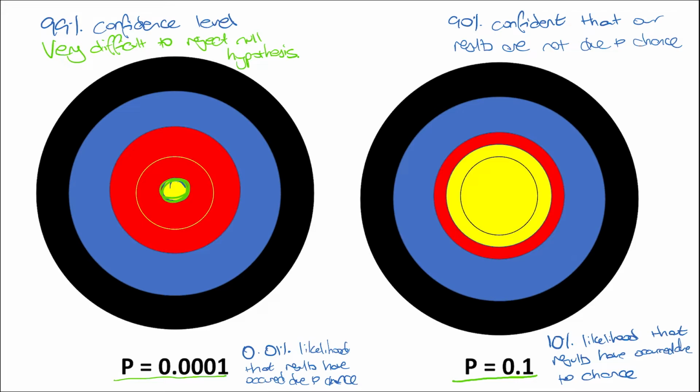This is like having a really, really big bullseye on our target. It's going to be much, much easier to hit, i.e. it's going to be very easy to reject the null hypothesis.